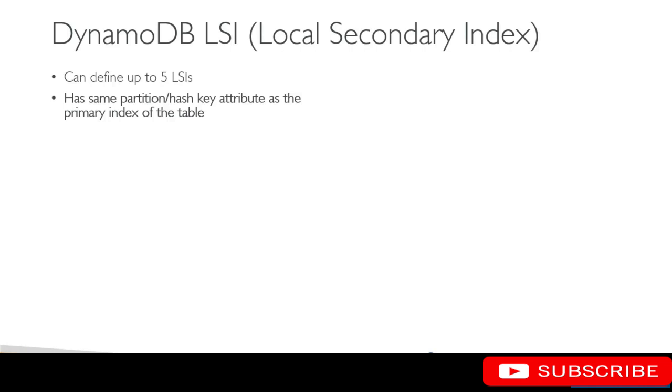So if you create a local secondary index, then that index will also have its partition key as user ID. Okay. So the local secondary index always has the same partition key as that of the table. Then the range key. The range key, of course, is going to be different from the primary sort key.